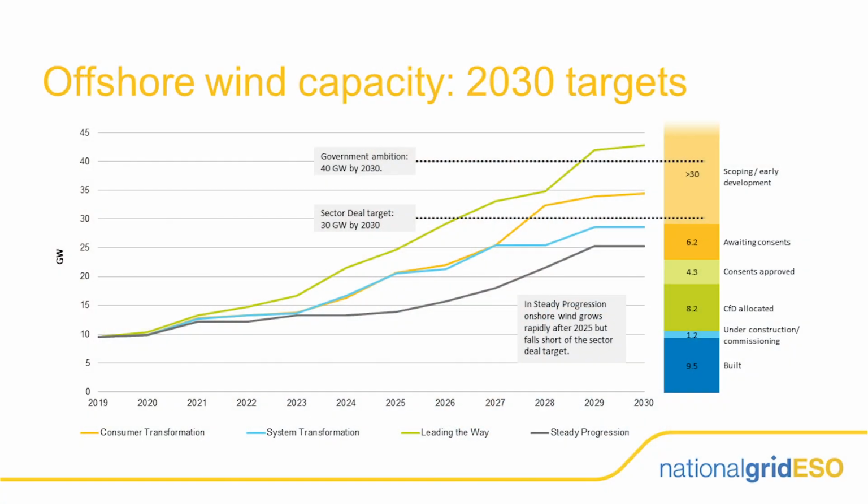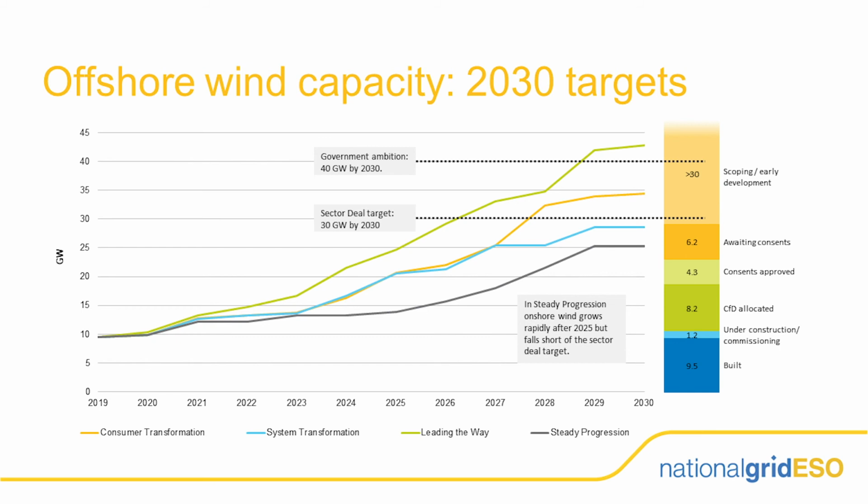The next area to have a closer look at is offshore wind. Here I show the capacity growth out to 2030 across all of the scenarios. Now, there are two 2030 targets: the March 2019 sector deal of 30 gigawatts by 2030, but also the government ambition of 40 gigawatts by 2030 from the Conservative Party's December 2019 manifesto.